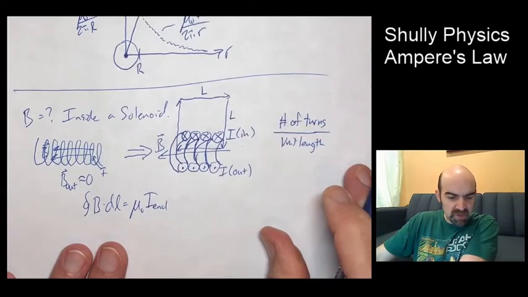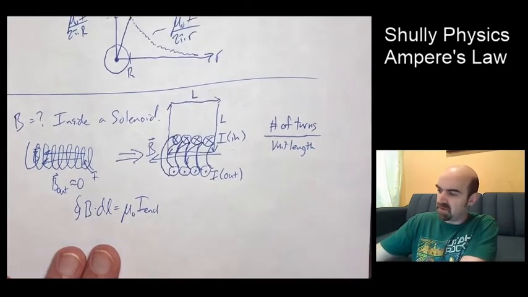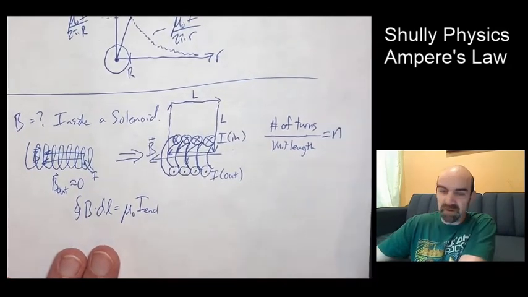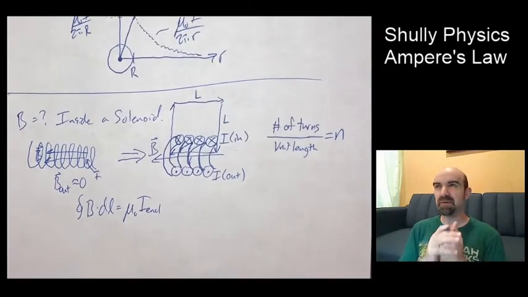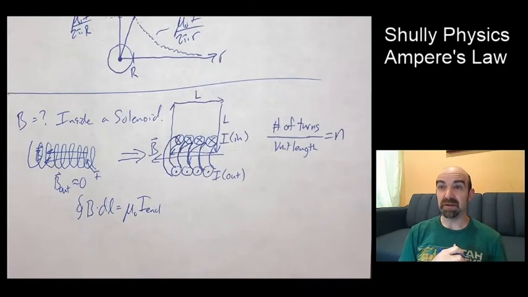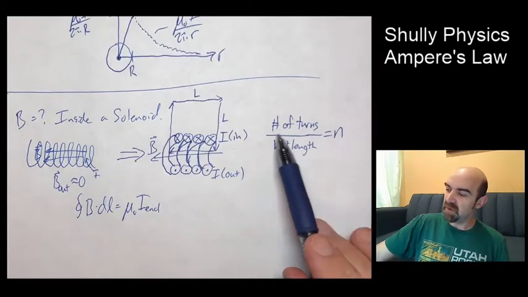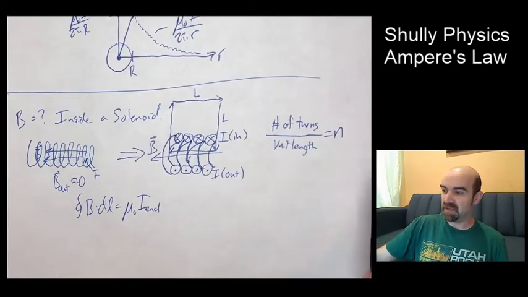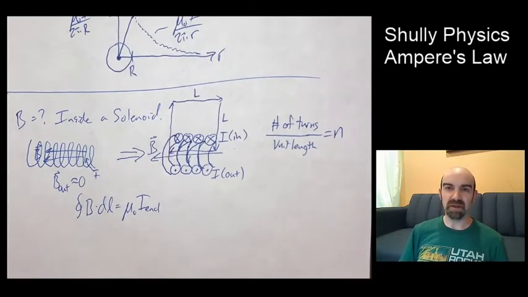Okay, so I'll call that something similar or familiar. I'll call it little n. So little n, for when we're looking at drift velocity and current, little n was the number of charges per unit volume. So this is also kind of like a number of something per unit something. So little n is often used for that, number of turns per unit length here.